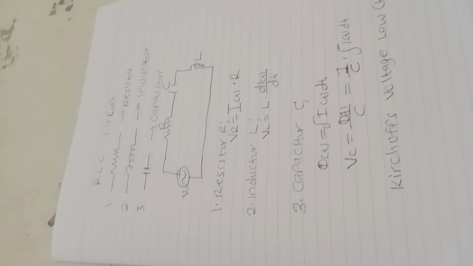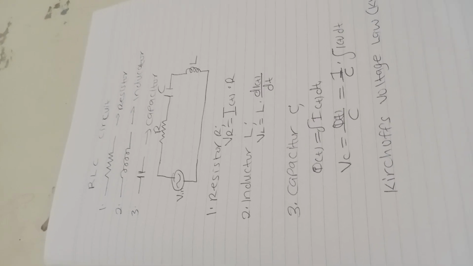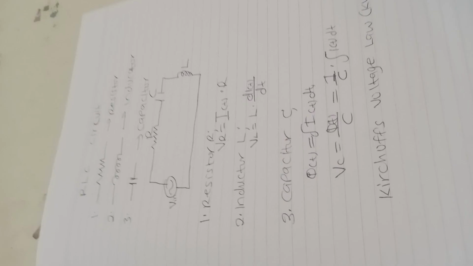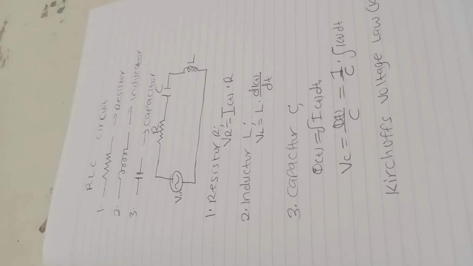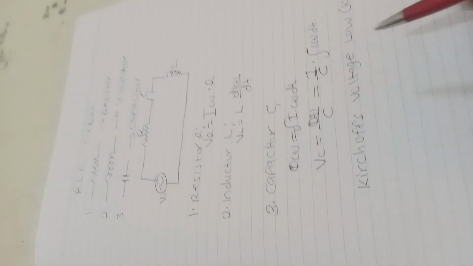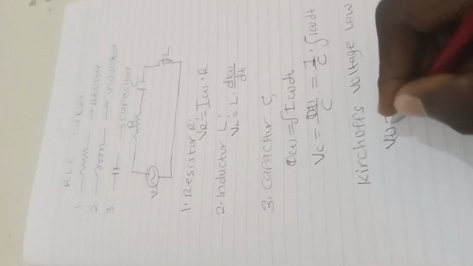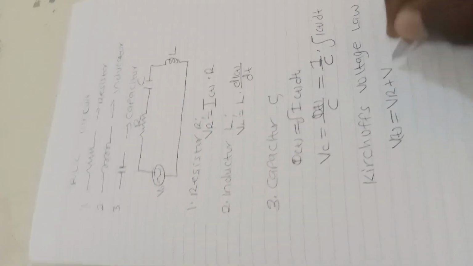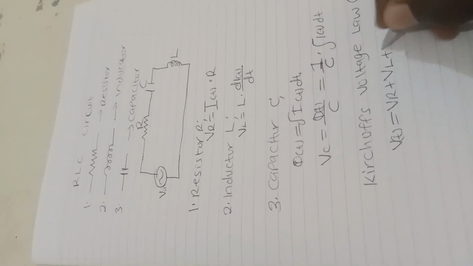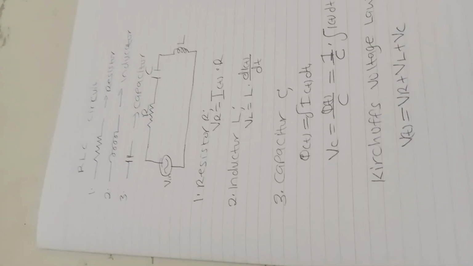The Kirchhoff's voltage law states that the sum of all the voltage drops in a closed loop must equal the applied voltage. That is for the RLC, which means the applied voltage here must be equal to the voltage across the resistor, voltage across the inductor, and voltage across the capacitor.